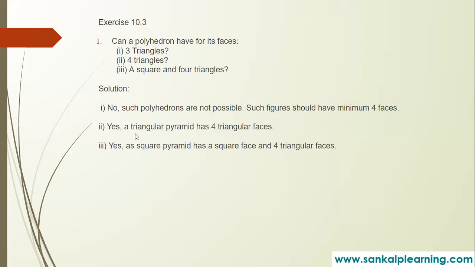Next one, 4 triangles. Yes, of course we can make triangular pyramid. Okay, see, triangular based pyramid ಮಾಡಬಹುದು ಅಲ್ವಾ? So 4 triangular faces, and 4 triangles. Yes, we can make.